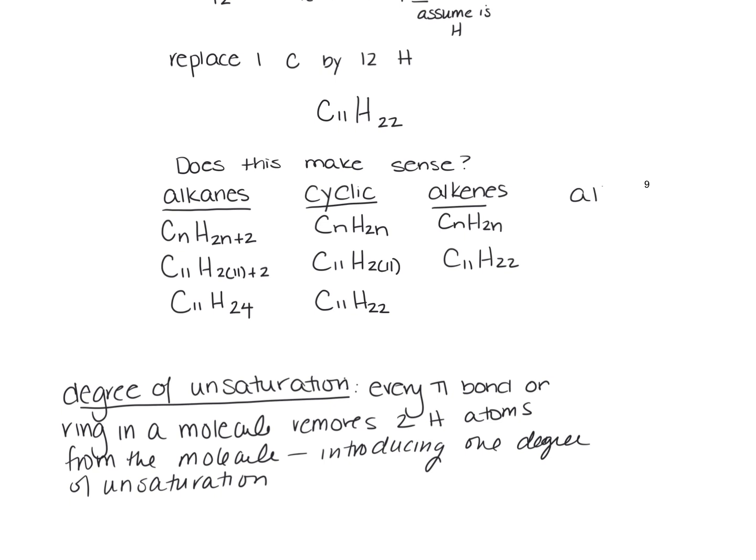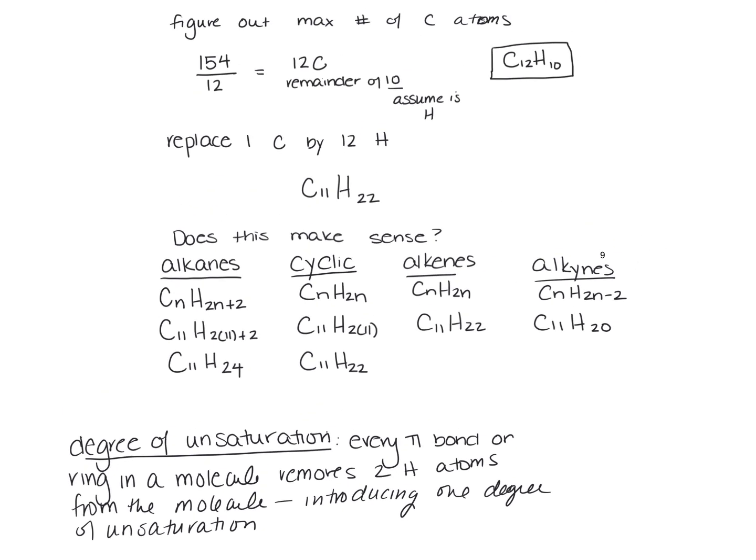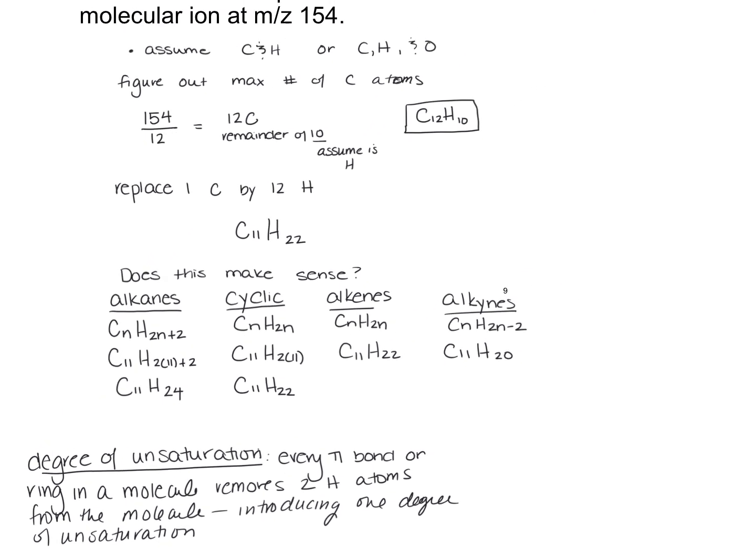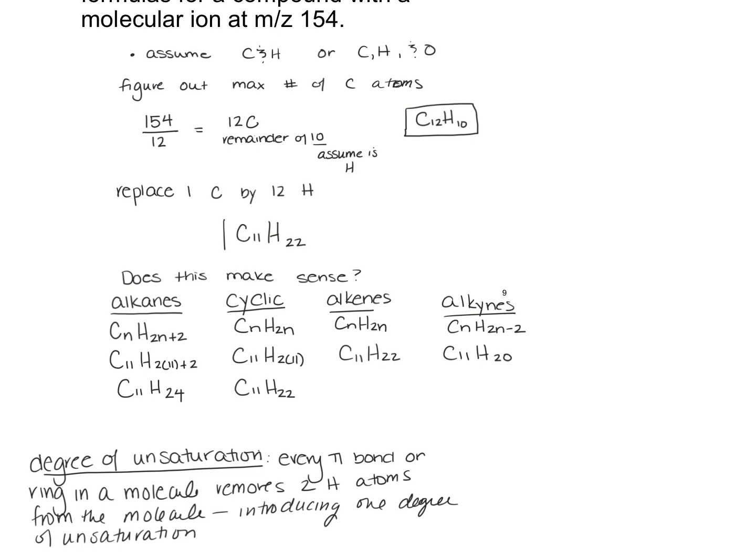And then alkynes, which have a triple bond, are going to be CnH2n minus 2. And so this formula would end up being H20, okay? And so all this to say is we want to make sure that we don't have over the maximum amount of hydrogens, which we don't have here.